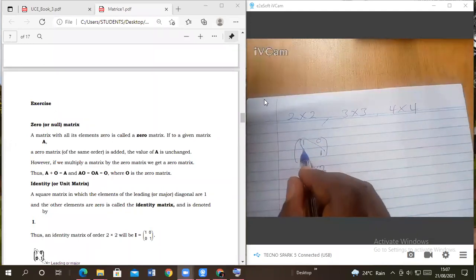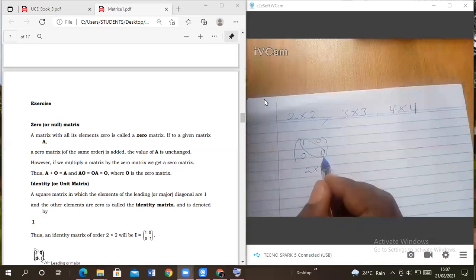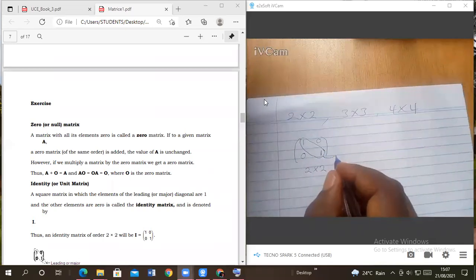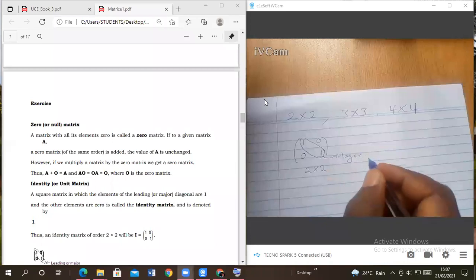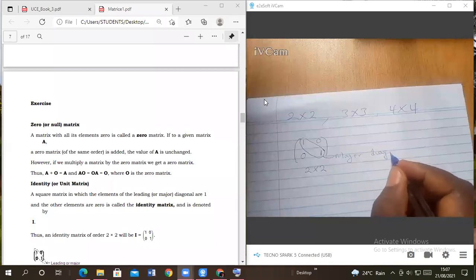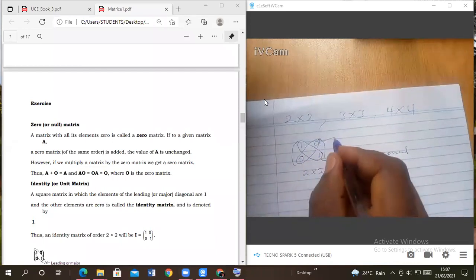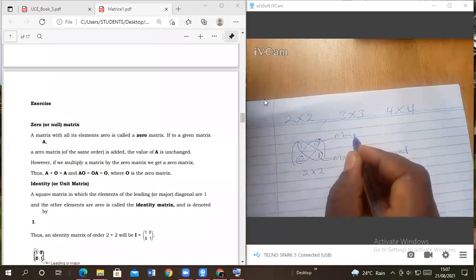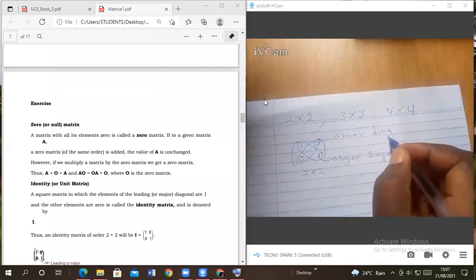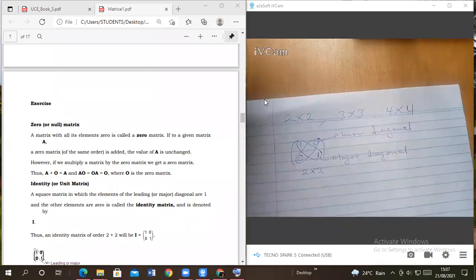This is what we call the major diagonal. And then this is the minor diagonal. Have you seen that?